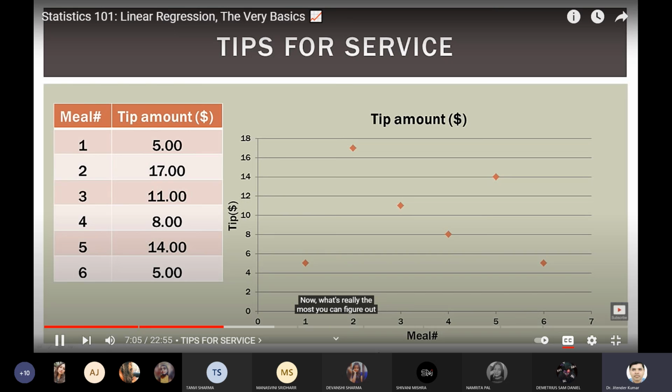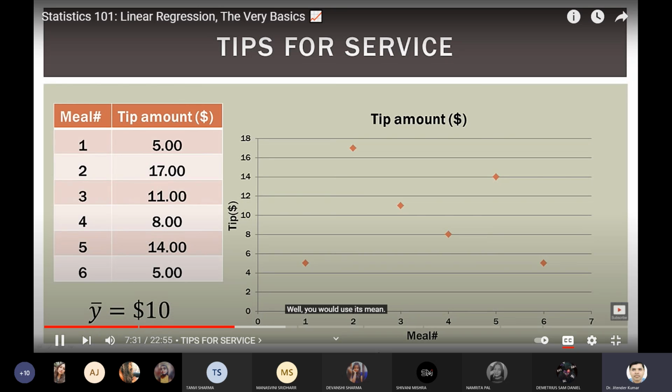Now, what's really the most you can figure out about this data? How would you predict what the tip for meal number 7 would be? Is it going to be like meal number 6, that's $5? Is it going to be like meal number 2, which is $17? How would you come up with the best guess or estimate for the next meal using only one variable?